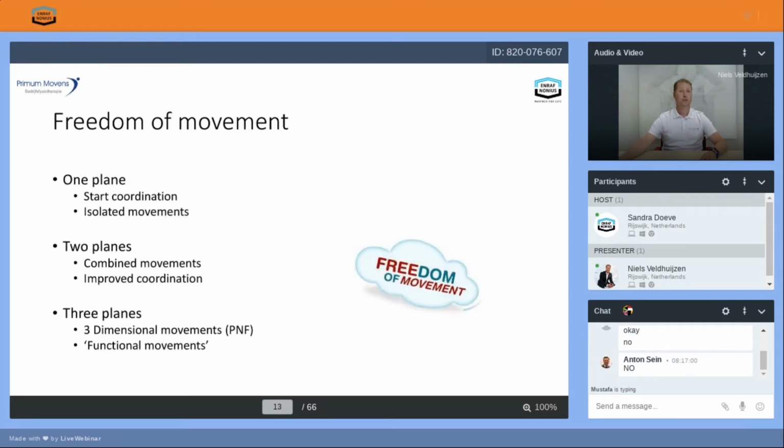You should also pay attention to the amount of movement freedom. When we work as physios, we work in our programs in different movement planes. You have 1 plane, 2 planes, or 3 plane movements.